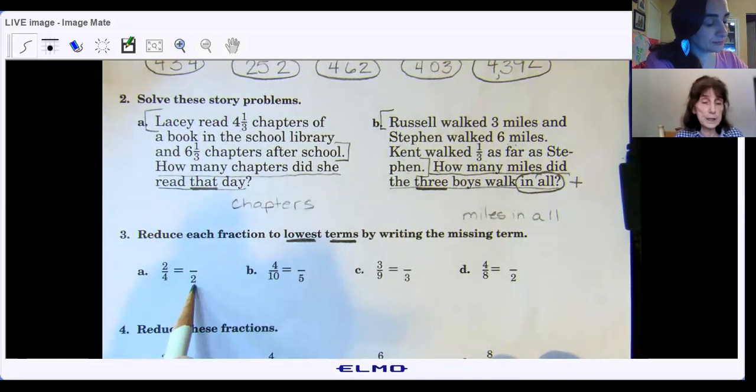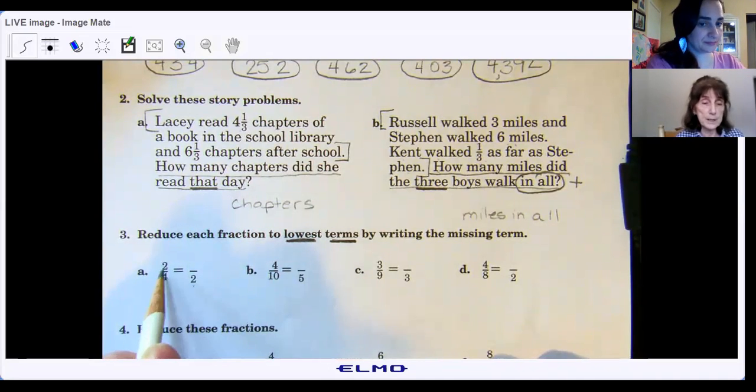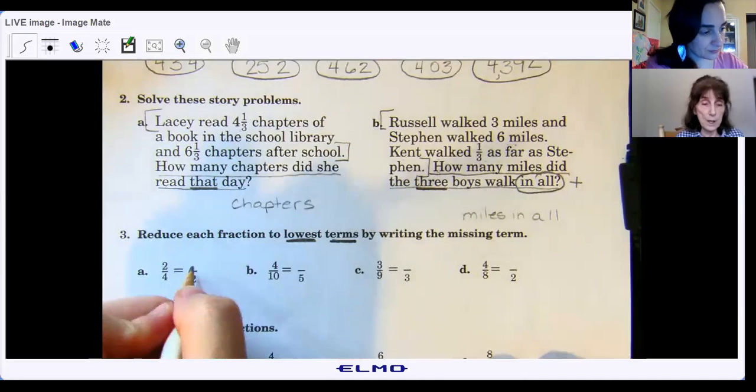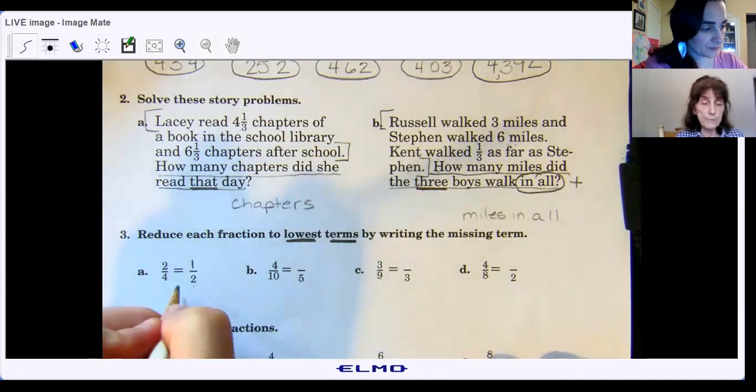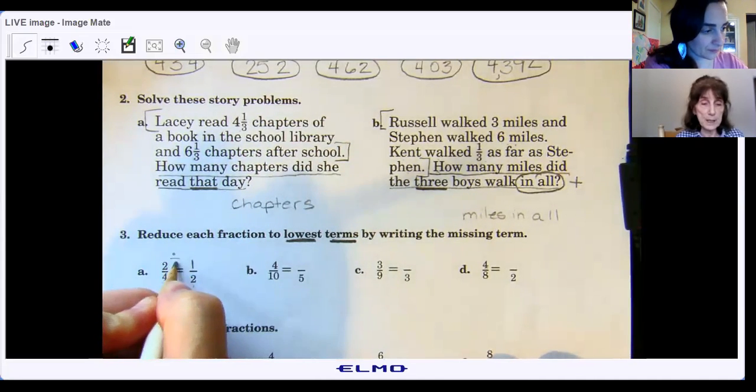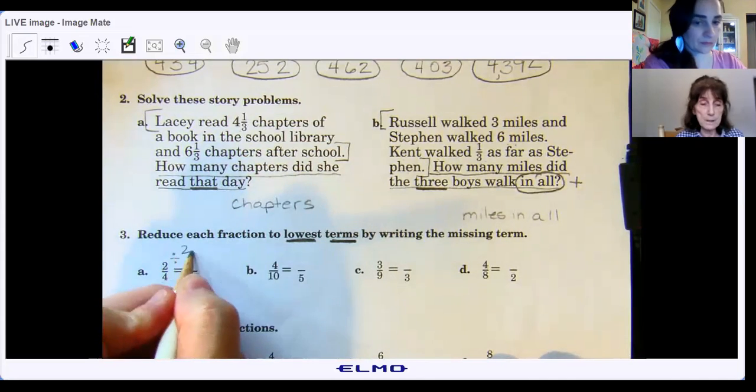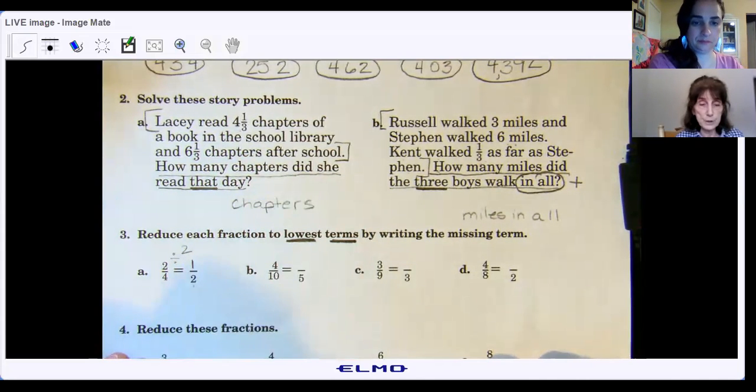Or you can look at it this way. 4, what did I divide 4 by to get the 2? I divided by 2. So 2 on the top, 2 divided by 2 is 1, and 4 divided by 2 is 2. So my answer is 1/2. So I divided by 2.